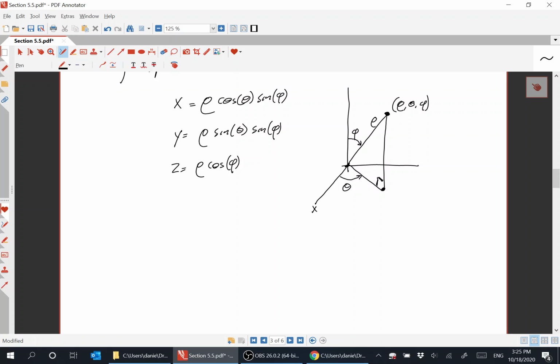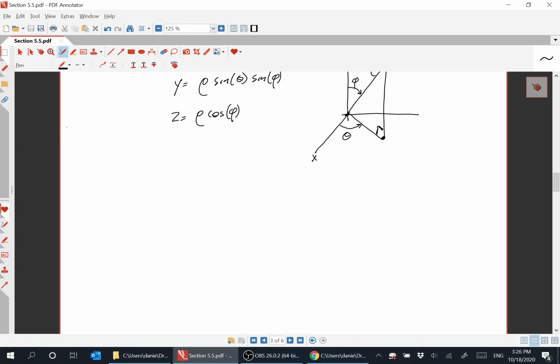Right, so you have a distance from the origin, angle of declination, and angle of rotation, where theta and phi are analogs of latitude and longitude, and rho is the radius of the sphere on which the point lives. So, like on the Earth, rho is always, it was 3,950 miles or something like that. Okay.